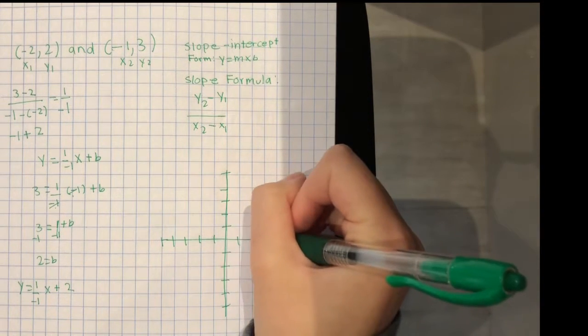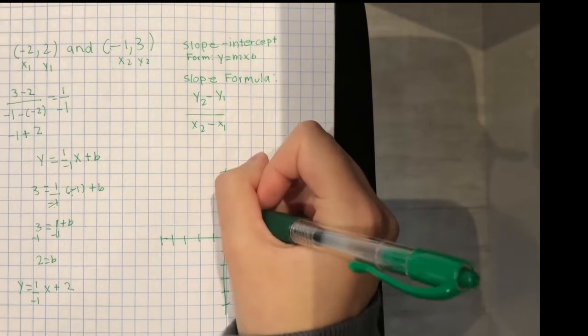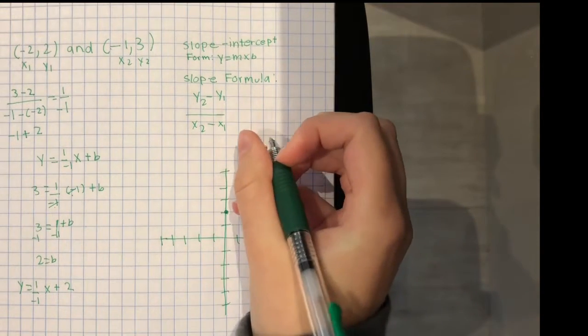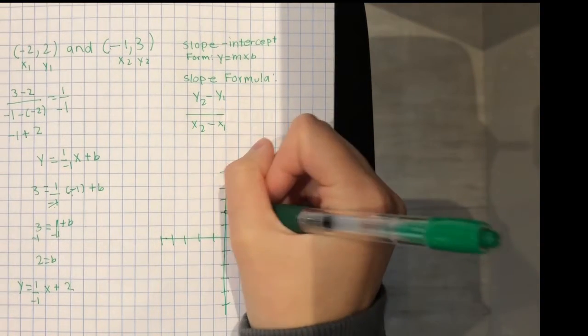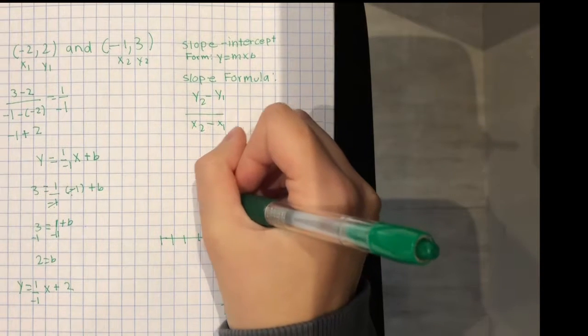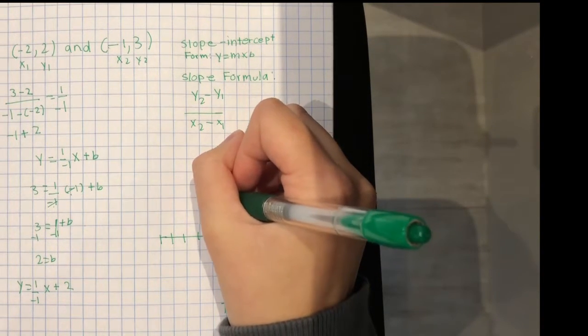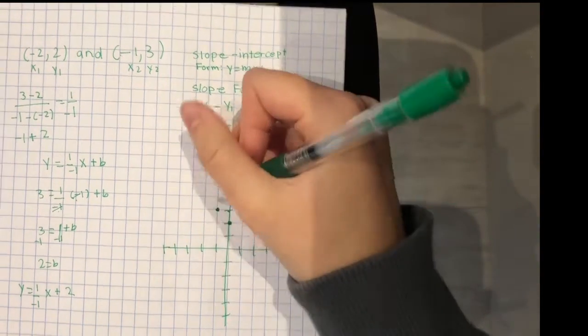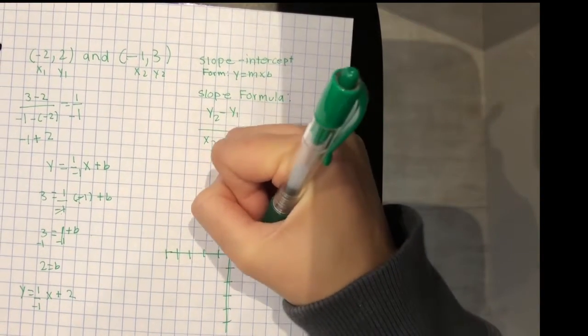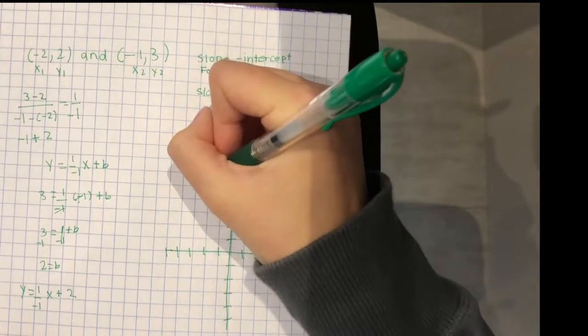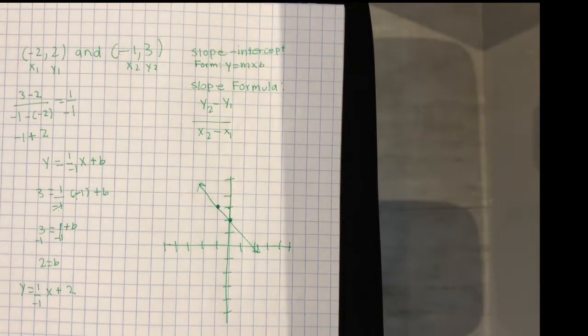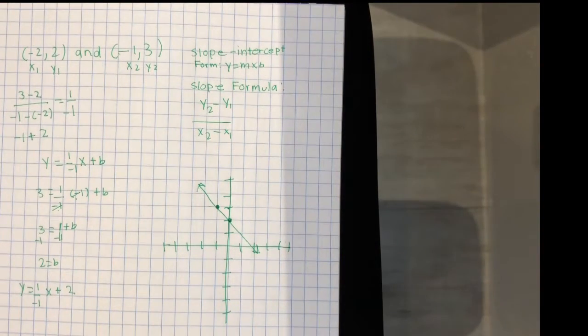So 2 is here, and then we go up 1, over 1. So there we are. And that's how you write a linear function in slope-intercept form.